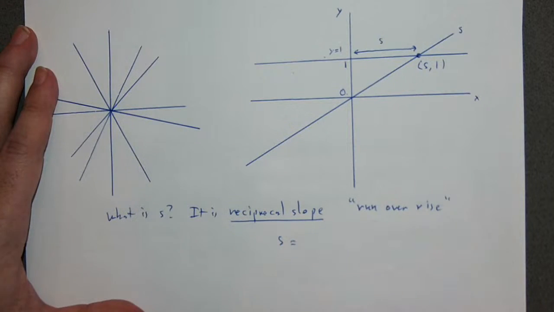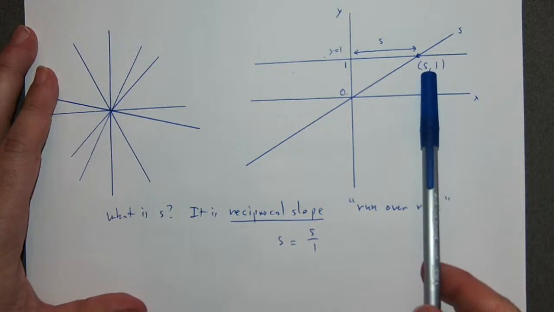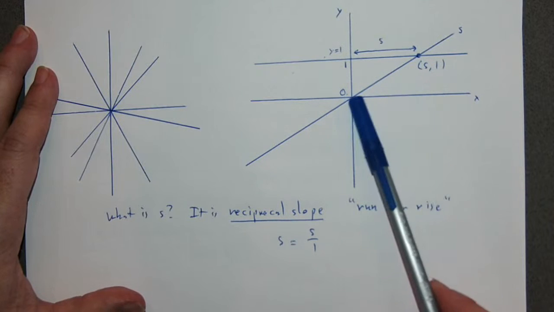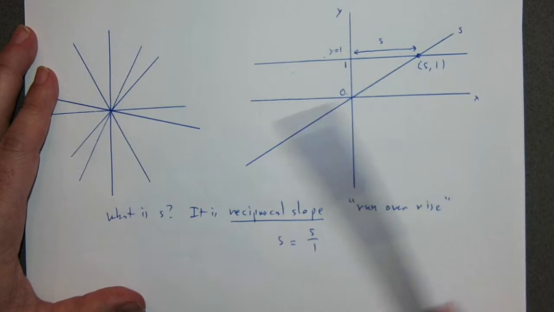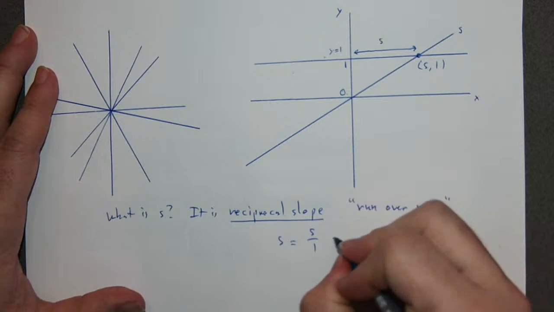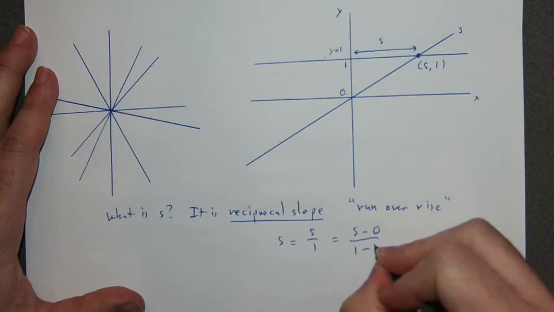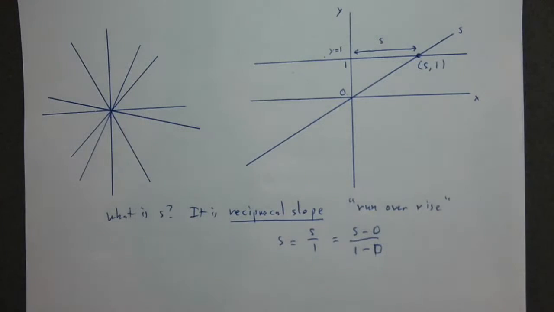Because s is the same as s over 1, compared to the origin. s is the x-coordinate, 1 is the y-coordinate, so this is (s minus 0) over (1 minus 0). So this is the reciprocal slope of that line, which also makes sense of why we get these values that we do here. Okay.